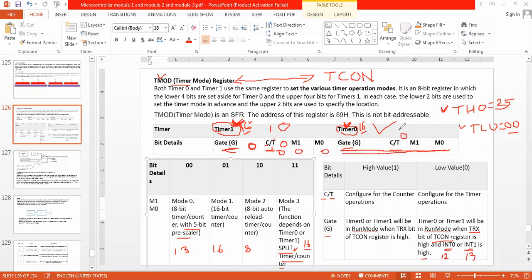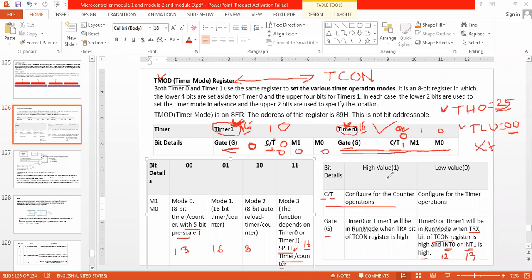Okay, it is not the third bit: 0, 1, 2, the second bit is going to be 0. If these are incrementing by using the external clock frequency, then C/T bar is equal to 1. So that is the meaning of this.